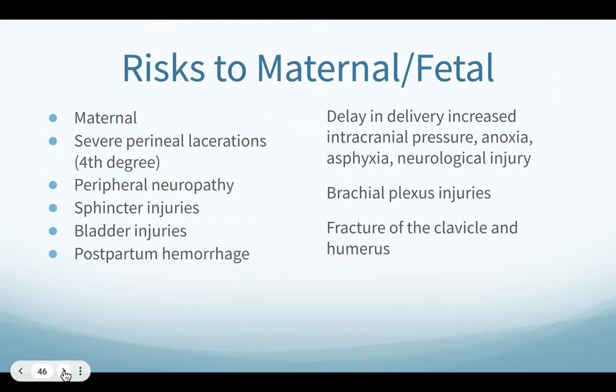Remember, we showed those lacerations last week. Peripheral neuropathy for mom, sphincter injuries, bladder injuries, and risk for postpartum hemorrhage. On the baby's end, increased intracranial pressure, lack of oxygen. You'll see neurological injury. One of the common things is brachial plexus injury and fracture of the clavicle or humerus.